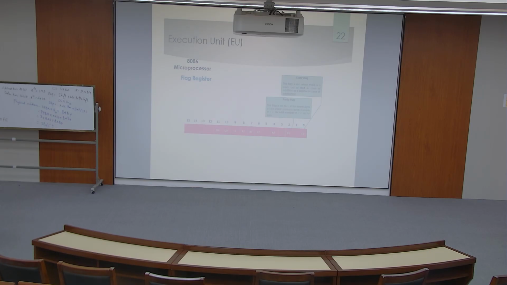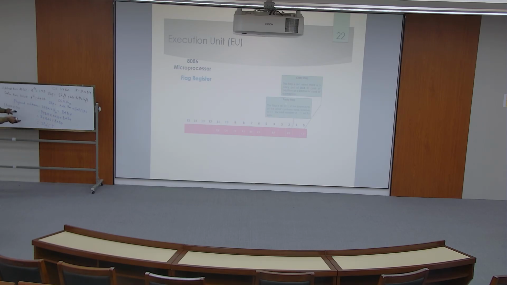Now, suppose you have the lower byte, this data. The lower byte means 8 bits. You have 110011. Now we have this lower byte.